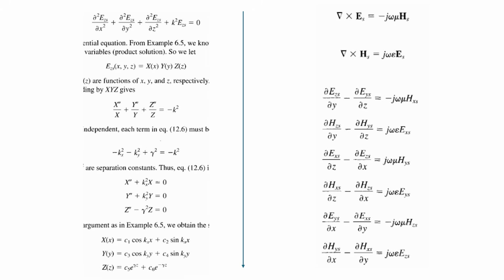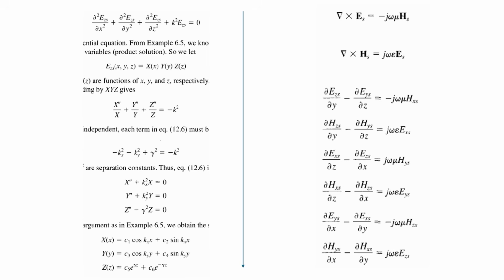In order to solve these long equations, for simplicity we are dividing them into three different parts, so we can solve part by part. The first part is X double dash divided by X plus Y double dash divided by Y, and like that we can make parts and then try to solve.